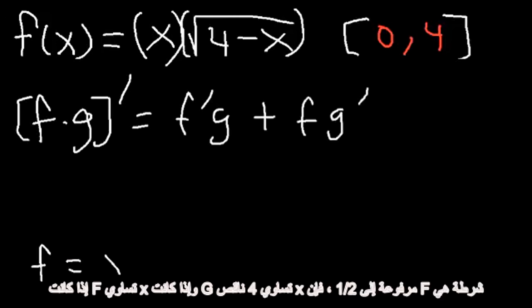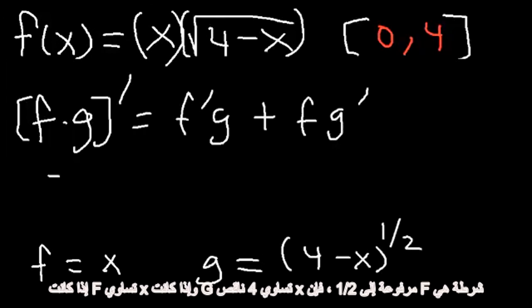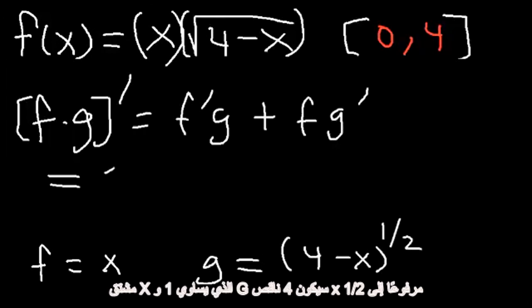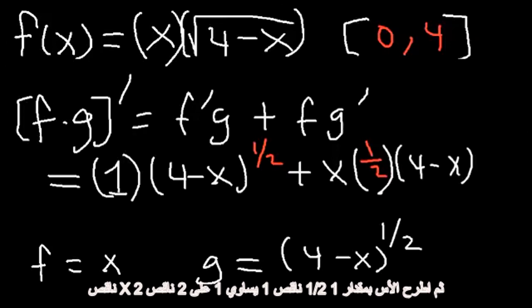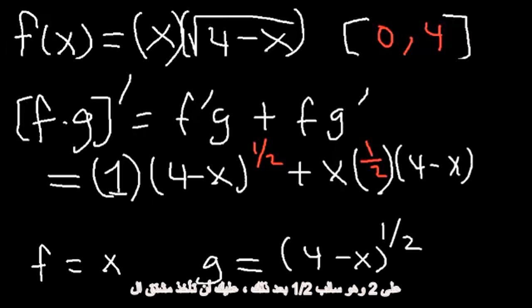So if f is x, and if g is 4 minus x raised to the 1/2, then f prime is the derivative of x, which is 1, and g is just going to be 4 minus x raised to the 1/2, plus f, which is x, and g prime is going to be 1/2, keep the inside the same, 4 minus x, and then subtract the exponent by 1. 1/2 minus 1 is 1 over 2 minus 2 over 2, which is negative 1/2.